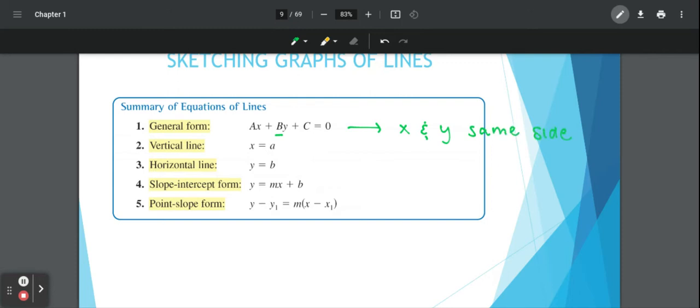You move that constant over as well, and your a needs to be a positive whole number. So no fractions, no negatives for a. So you might need to clear a fraction or multiply everything by a negative in order to get a to be that positive whole number.